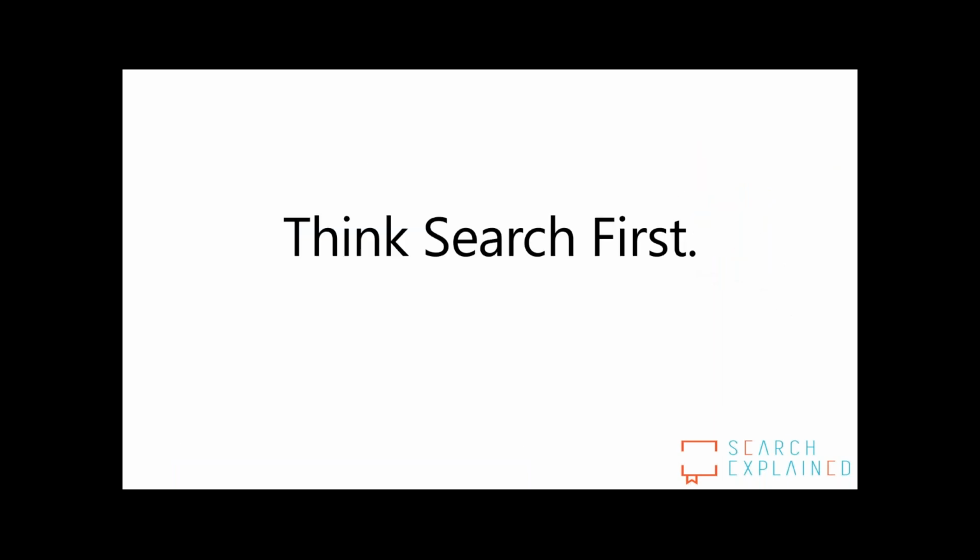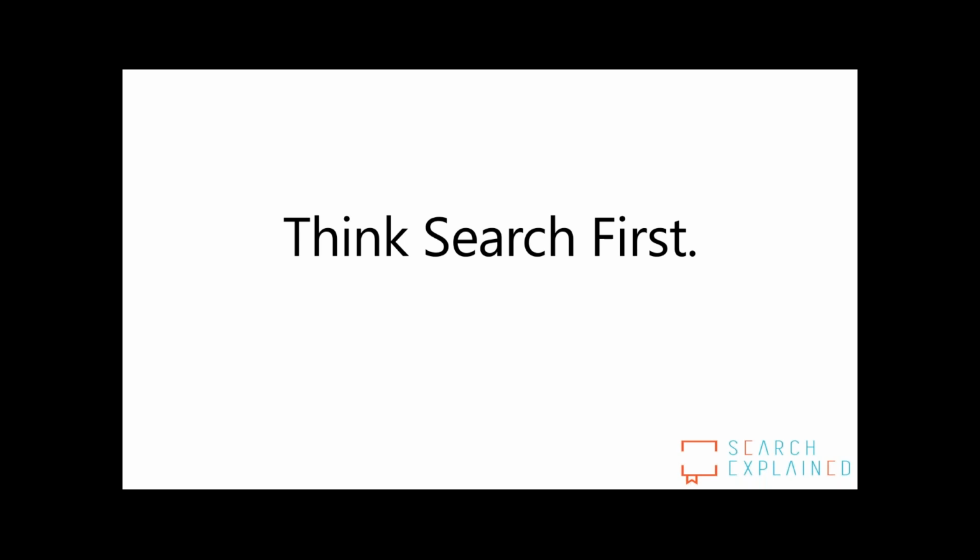So first of all, whenever you think about how to store and organize your content, think search first. Think findability first. Usability and findability are very important for the content. You have to think about how your users will be able to find the content.